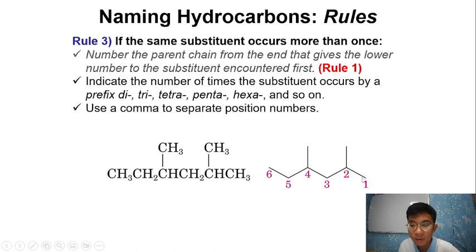That's why the numbering here is 1, 2, 3, 4, 5, 6. Since this is 6, again, what's the parent? So you will give the name hex. And then since puro single bond, so this is an alkane. So the suffix is ane, hexane. So the parent is hexane. Oh, okay na tayo doon.